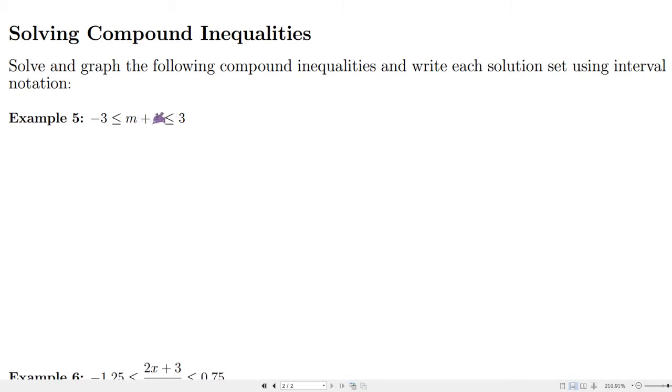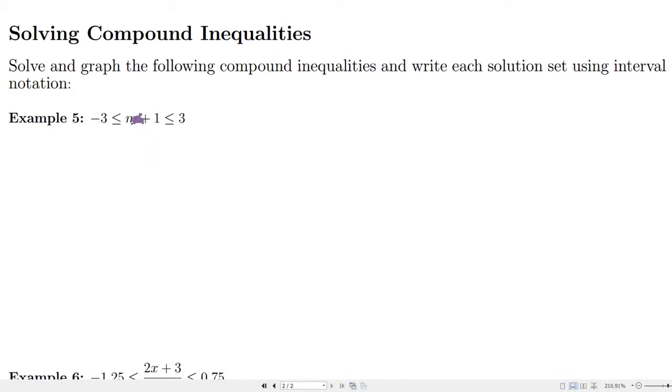So what would you do? You would subtract the 1 over to this side. If you pretended that the left side wasn't there, you would do the same thing. You would subtract 1 to this side. So when you have these compound inequalities, you can do that action just like you did before, but you're going to do it to all parts of the inequality.